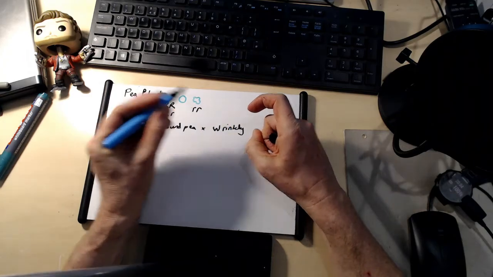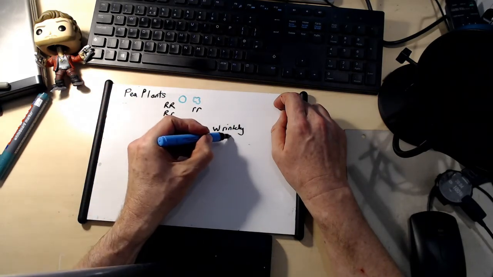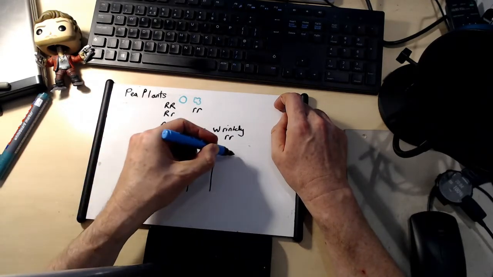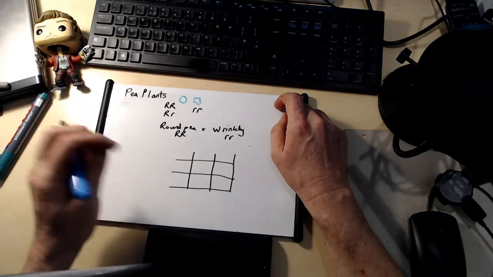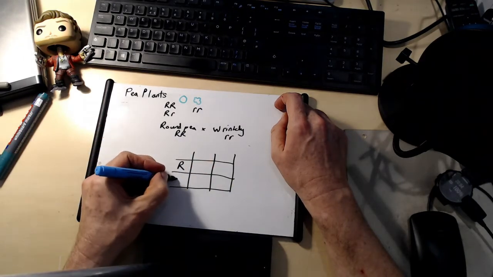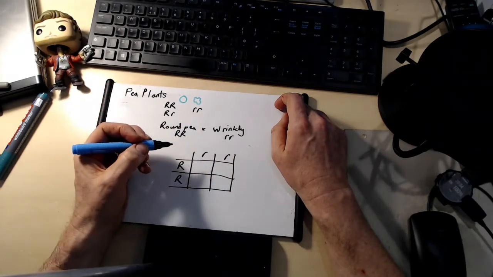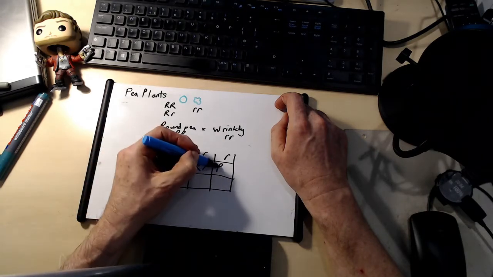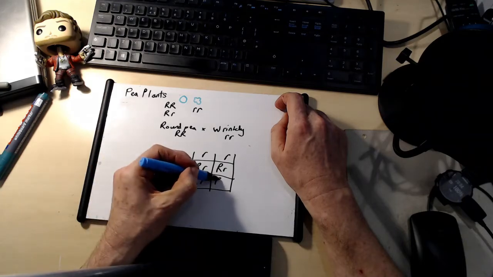So we're going to use this. Now again I'm going to use Punnett squares. I just find Punnett squares so much easier than other methods. One of the other methods is using arrows, which I really find confusing myself. So let's do the cross. So big R, little r, big R, little r, big R, little r, and big R, little r.